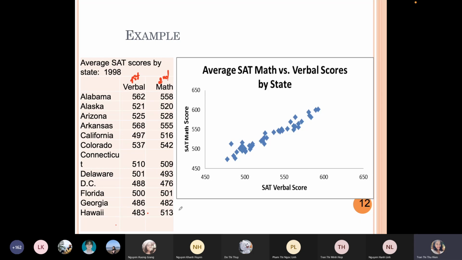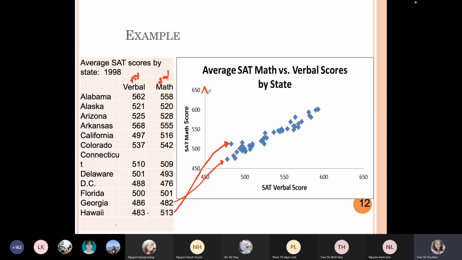So when you look at the scatter plot, this makes more sense than the lowest point. For the lowest point, maybe it's for Georgia, because 486 verbal and 482 math make more sense for this point.